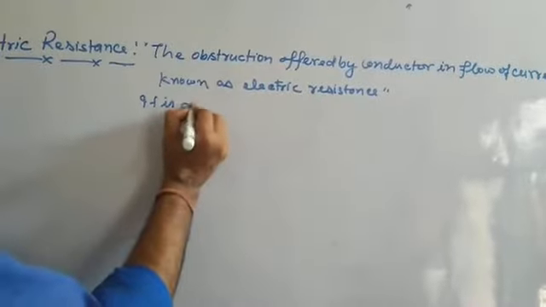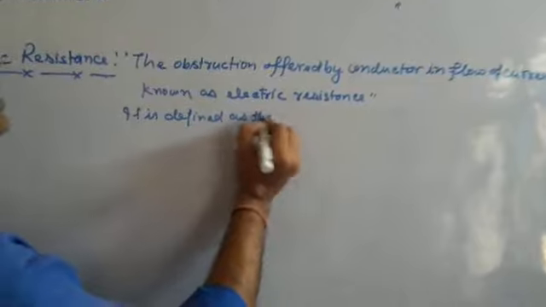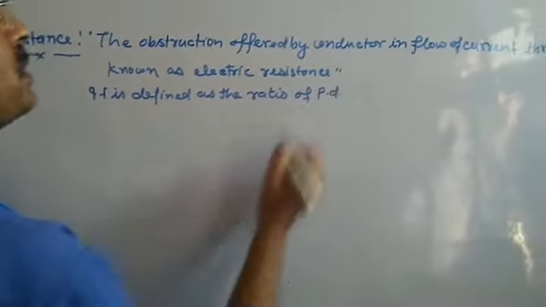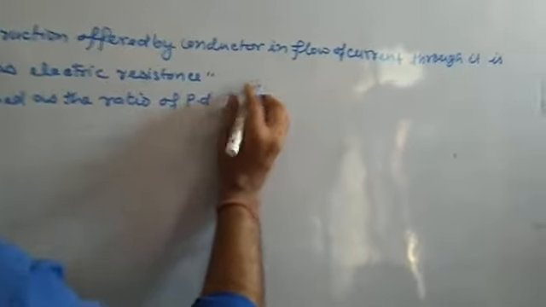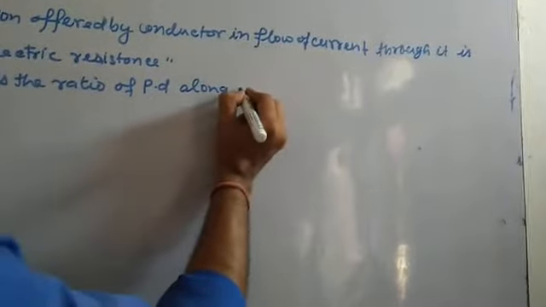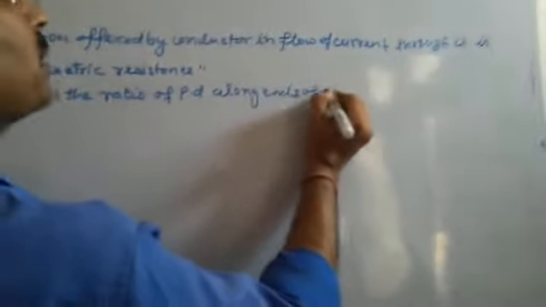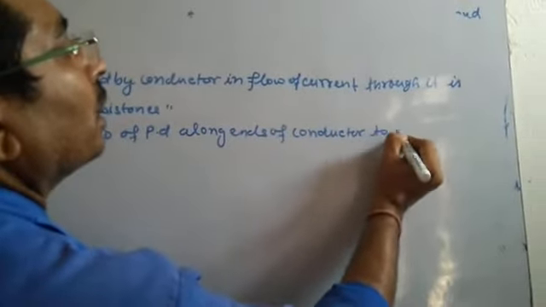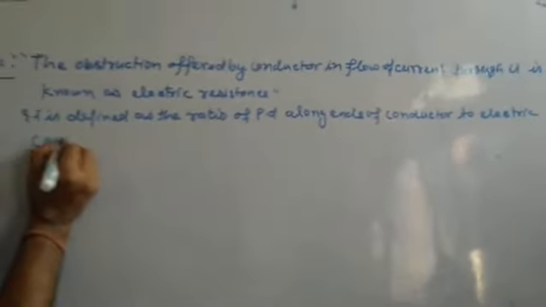It is defined as the ratio of potential difference along the ends of the conductor to the electric current.